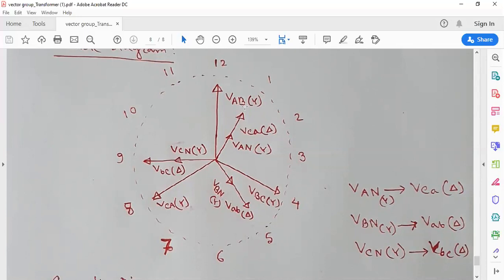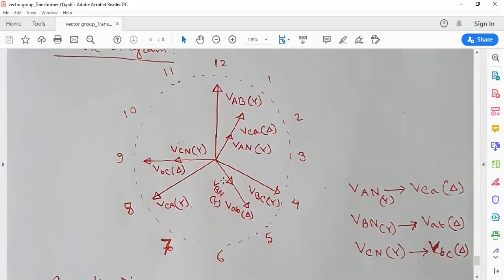We haven't done the phase voltage of the Y connection yet. So we know the Y connected phase voltage lags line voltage by 30 degrees. This is the line voltage, so 30 degrees lagging. This is the phase voltage VAN. 1 plus 4 equals 5.